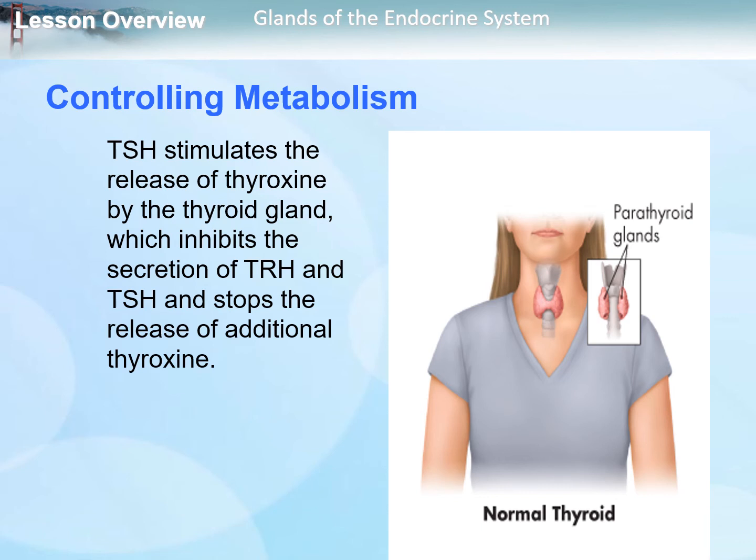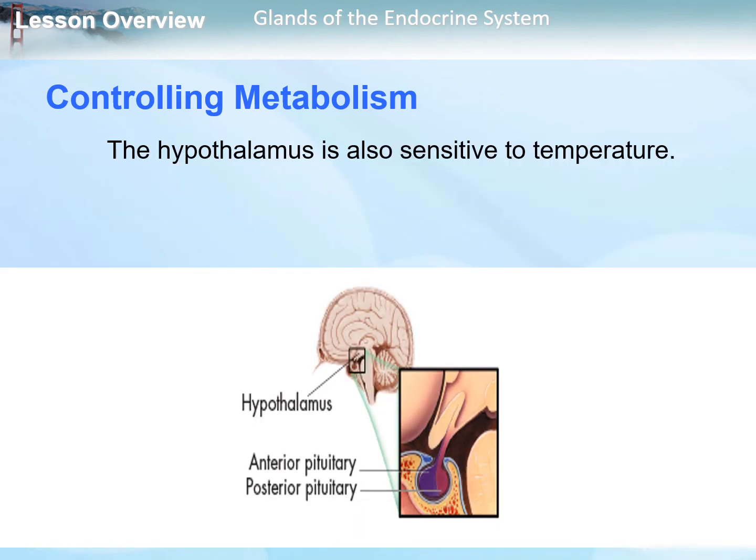So this TSH stimulates the release of thyroxine by the thyroid gland, which inhibits the secretion of TRH and TSH and stops the release of additional thyroxine. When the core body temperature begins to drop, the hypothalamus produces extra TRH, as the hypothalamus is also sensitive to temperature.